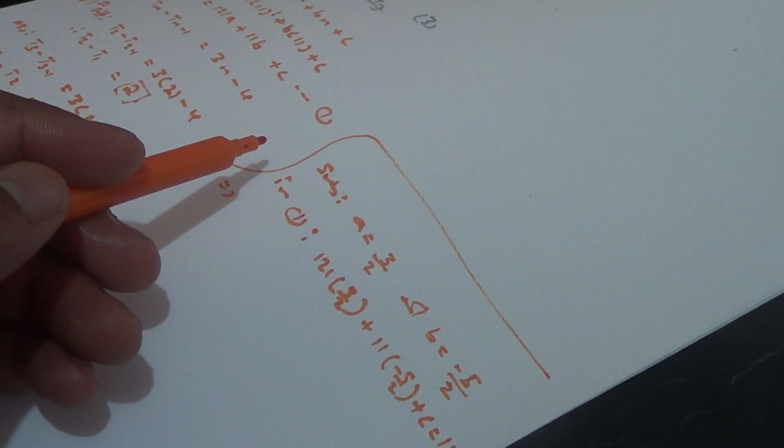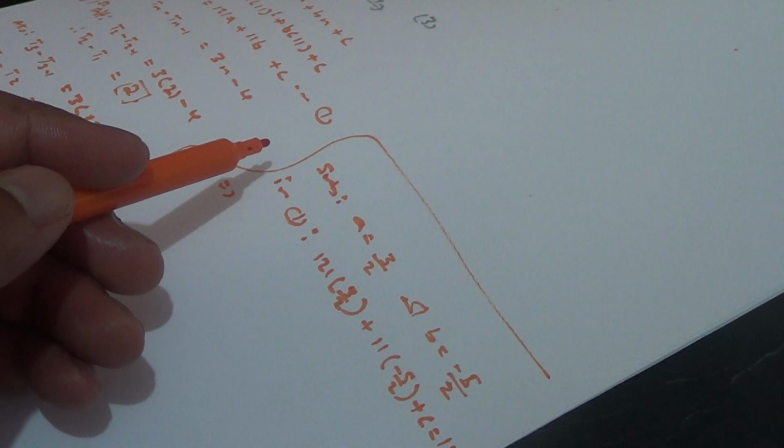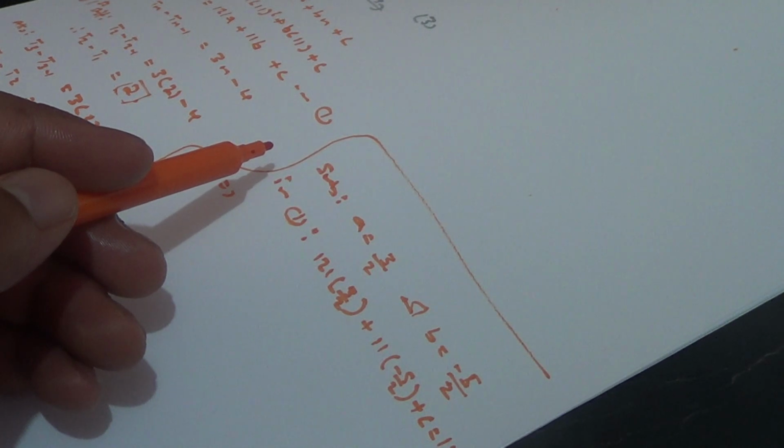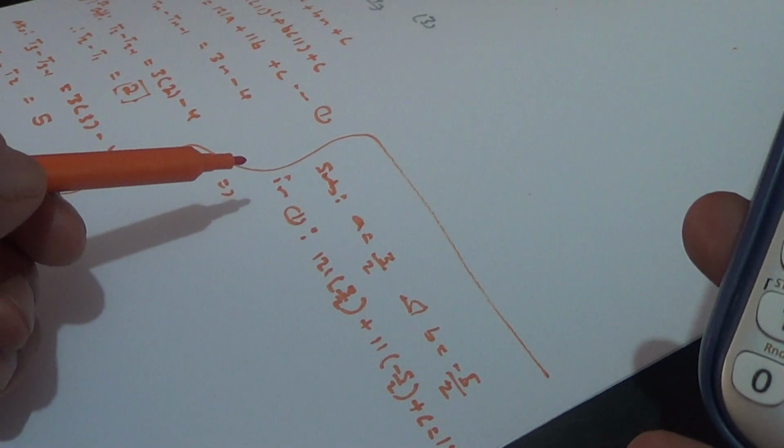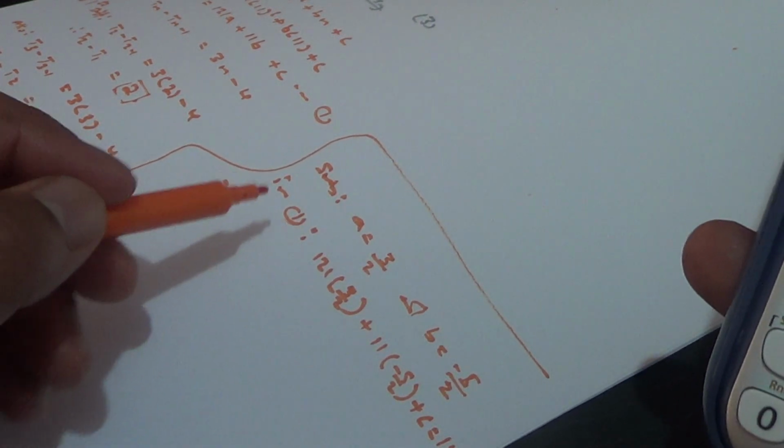Alright, now 121 into 3 over 2 plus 11 into minus 5 over 2. Okay, now we can add those two together first, and then I get 154.